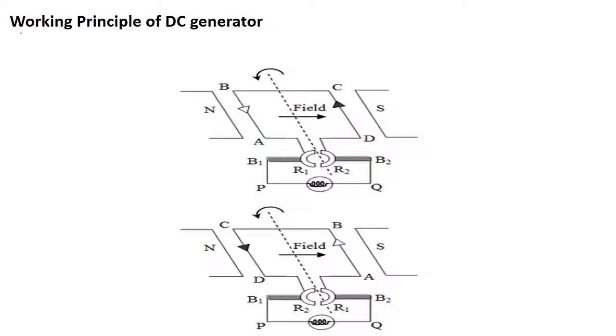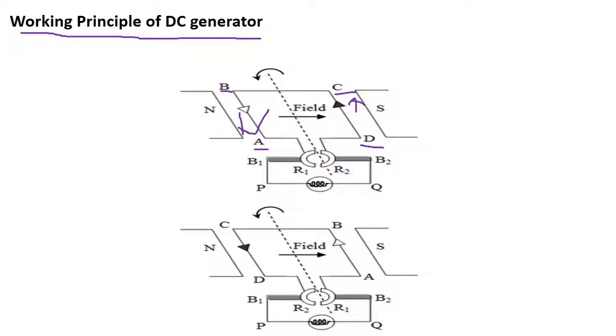Finally, we will talk about the working principle of the DC generator. Let the coil A, B, C, and D be initially in the horizontal position and be rotated anticlockwise. When the coil is rotated anticlockwise, the arm AB moves downwards and the arm CD moves upwards.